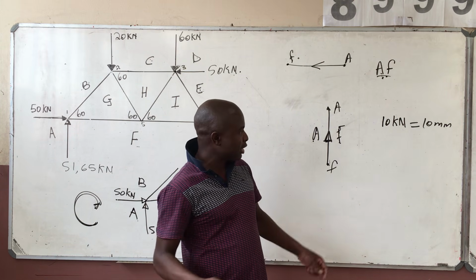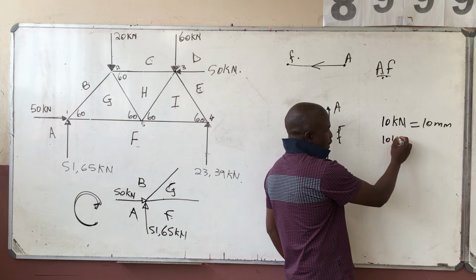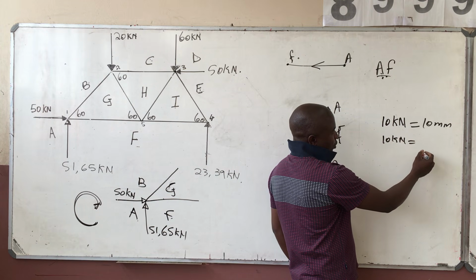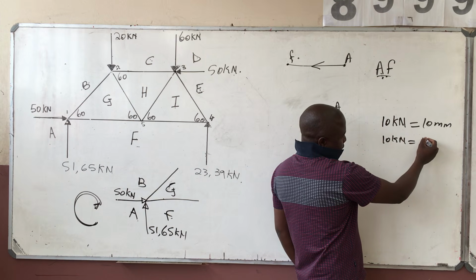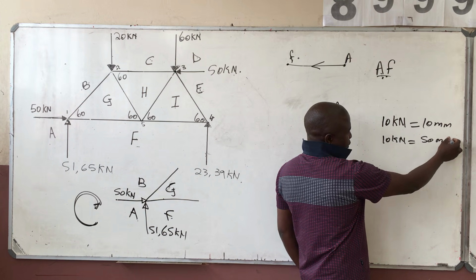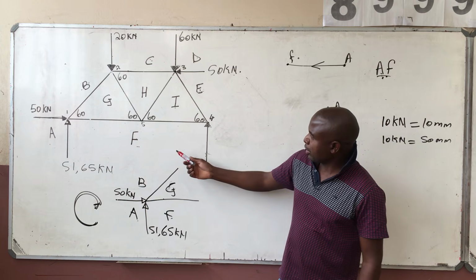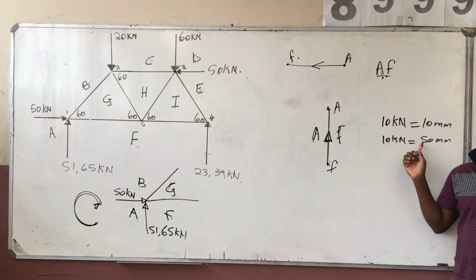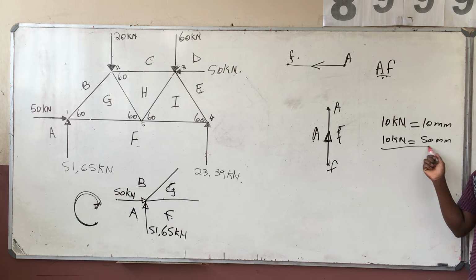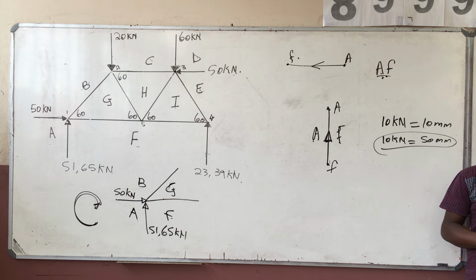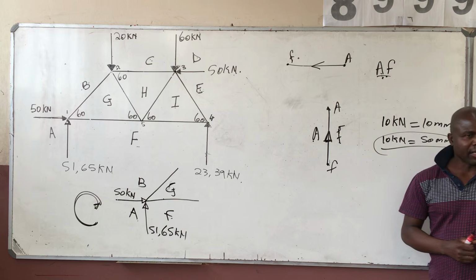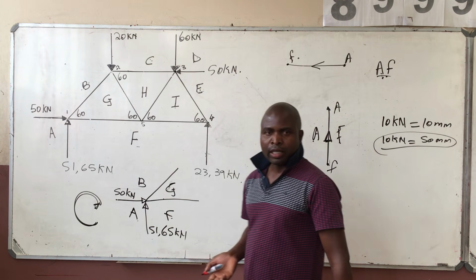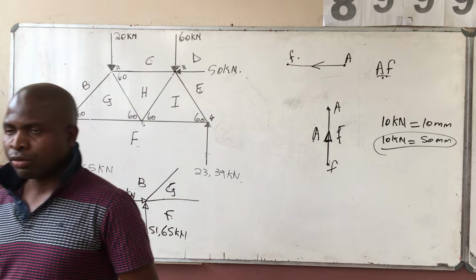But your measurement, you can say 10 kilonewton is equal to 50 millimeters. Can you see that? At the end, if you're having bigger values, it won't fit in the page. You should be able to select the scale by yourself. But sometimes they give you a scale. If you're not given, you're supposed to choose your own scale.